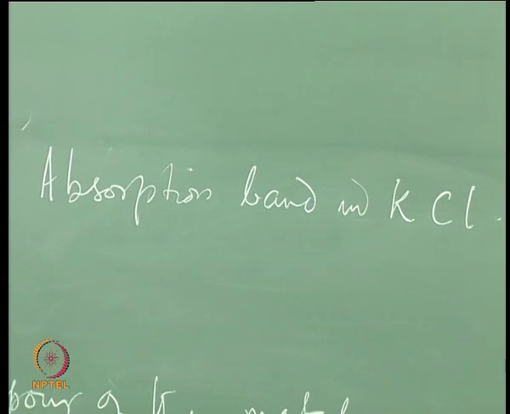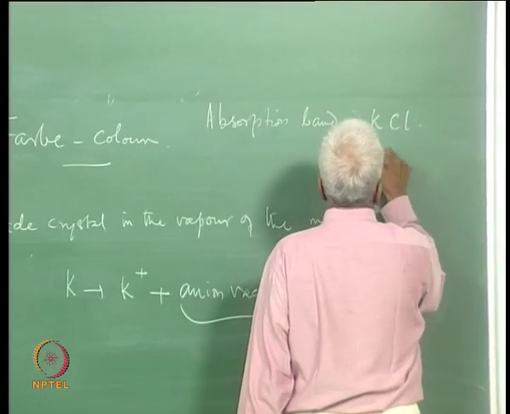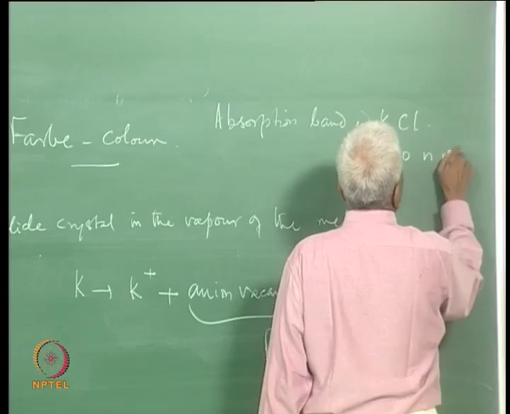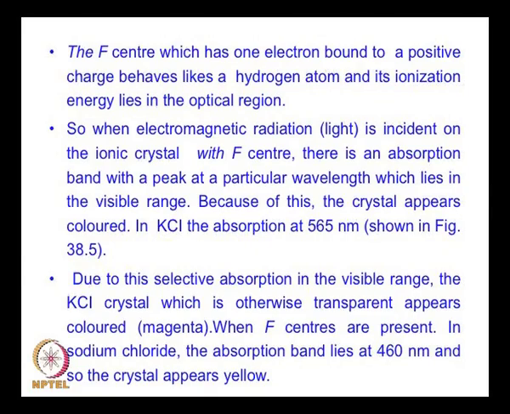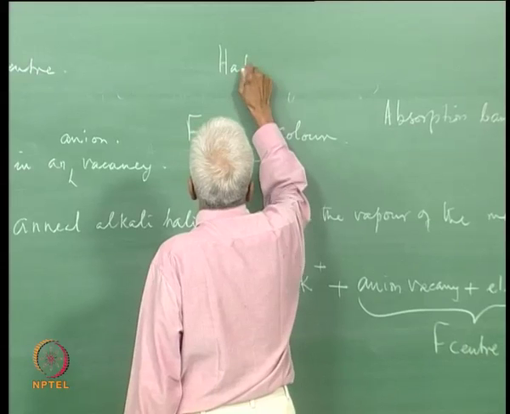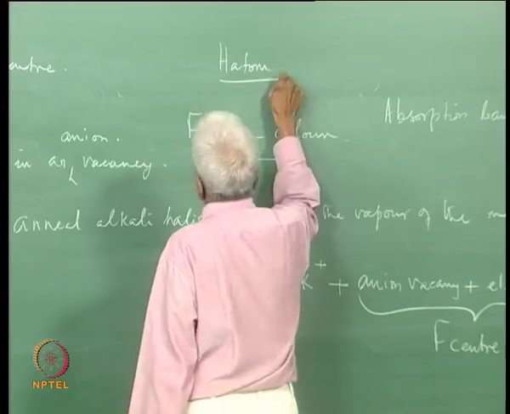It occurs around 550 nanometers. So, it behaves like a hydrogen atom, because there is an electron bound to an anion vacancy.